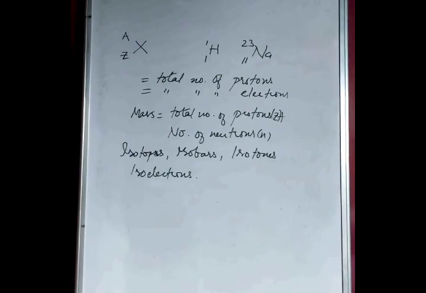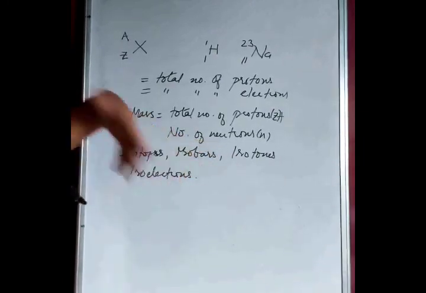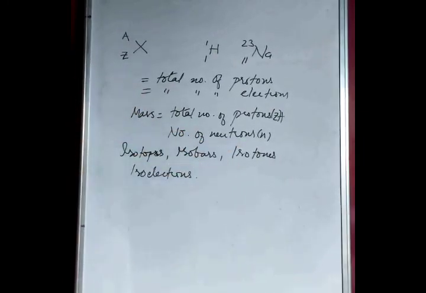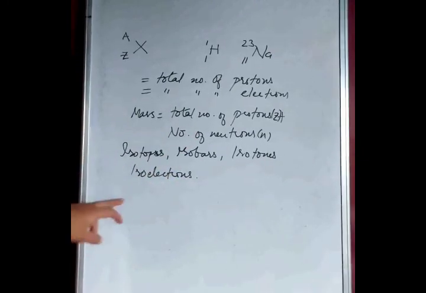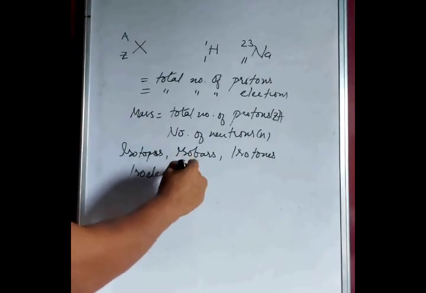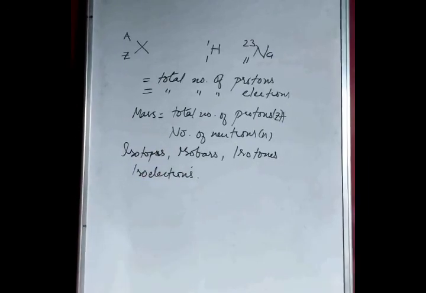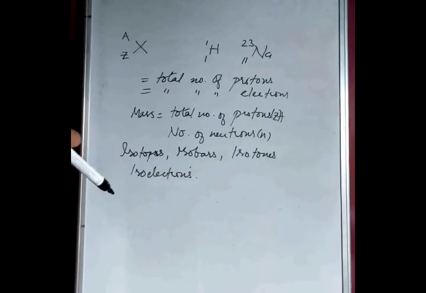Isobars mean same mass number but different atomic number. Isotones are atoms of different elements which contain the same number of neutrons. Isoelectronic means different atoms with the same number of electrons.